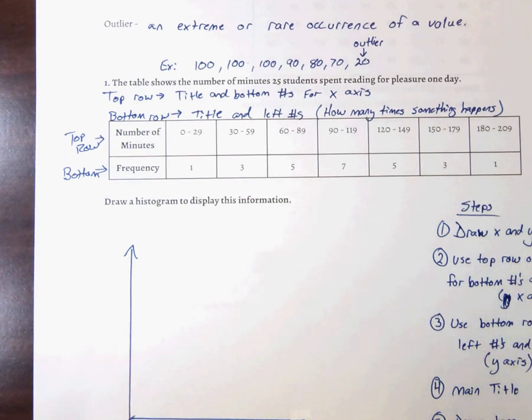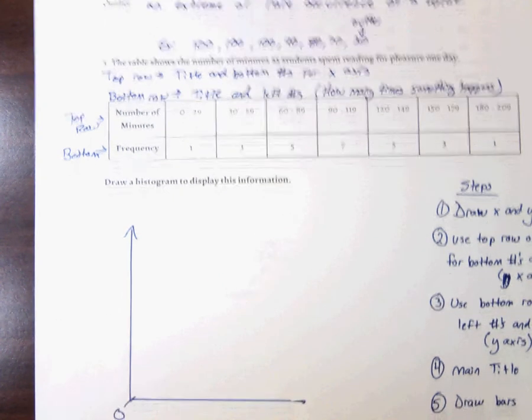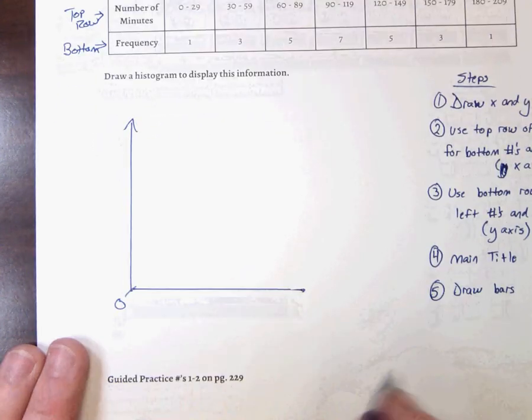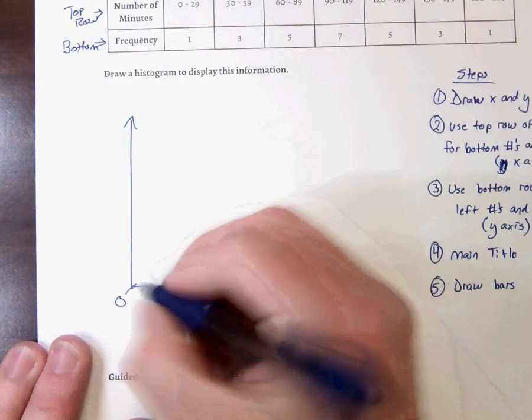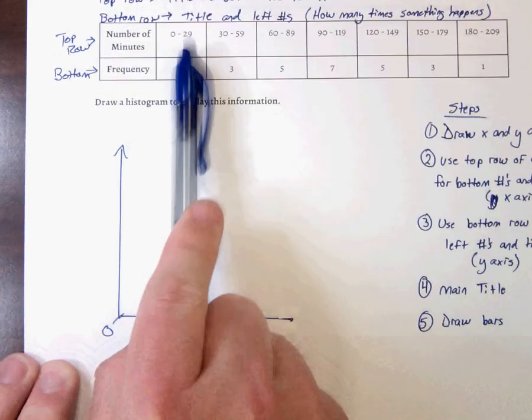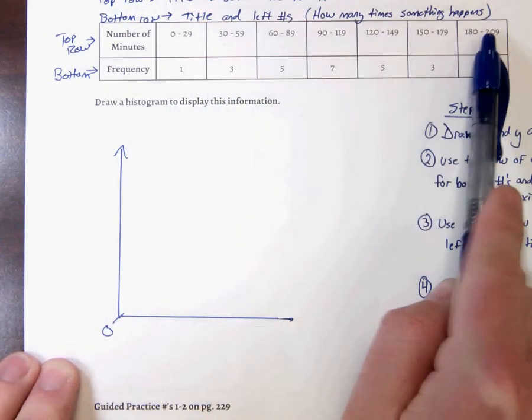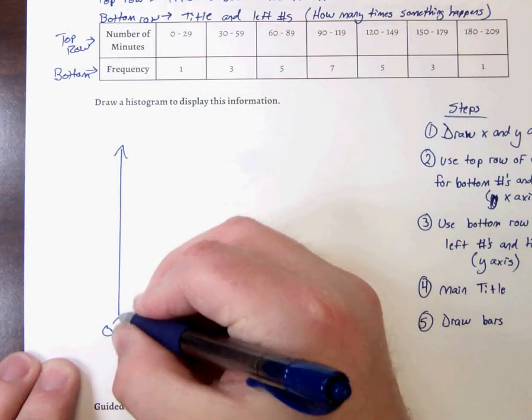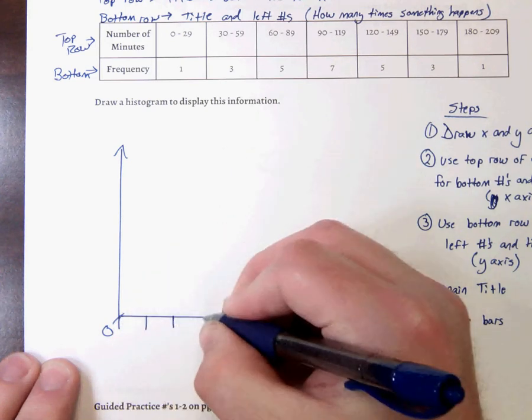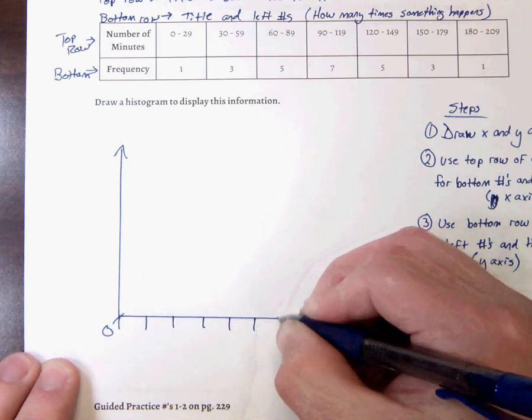For example, 0 through 29 goes right here, inside. Next, 30 through 59 goes inside. Next, 60 through 89. Next, 90 through 119.